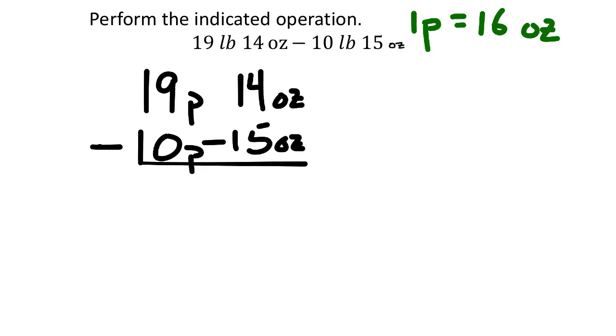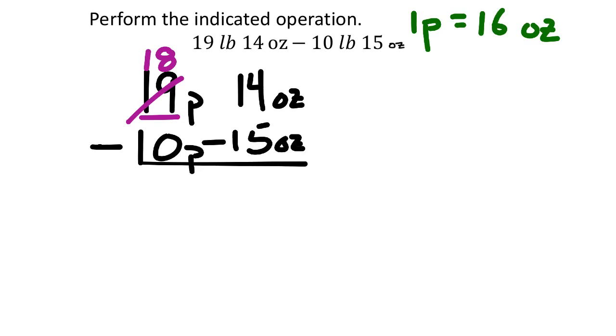But right away, we notice that I have 14 ounces and I'm taking away 15 ounces. I don't have enough ounces to take away 15. So what do I need to do? I'm going to look at the 19 right here, and I'm going to borrow one of those pounds, just like we do with subtraction, to make this 18 instead.